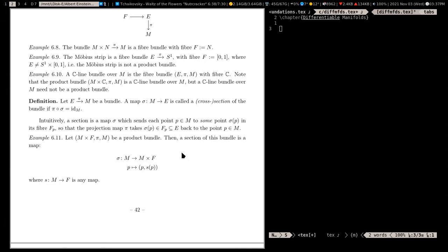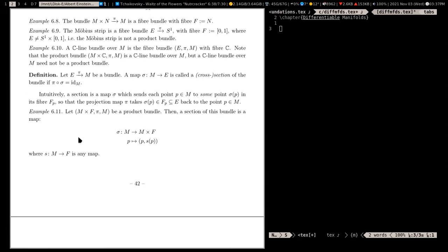Sections are not inverses, but it's a map in the opposite direction which, when composed with the projection, gives you the identity. We'll see later how in the case of tangent bundles the sections are actually vector fields. It's not going to be explained now, but if I have time, I'll get there.